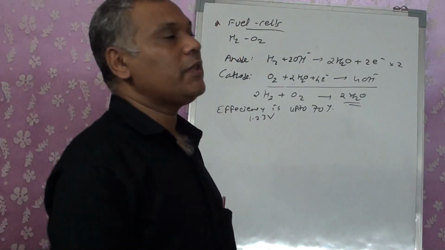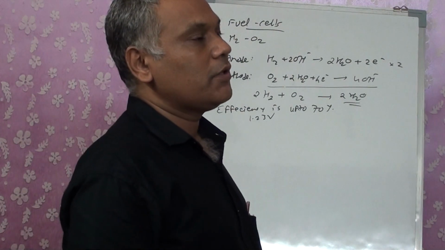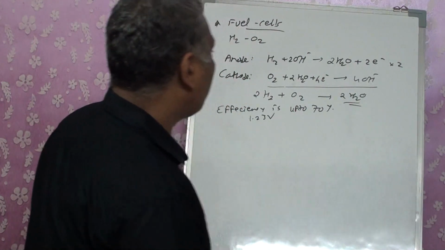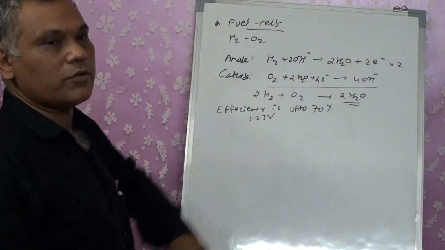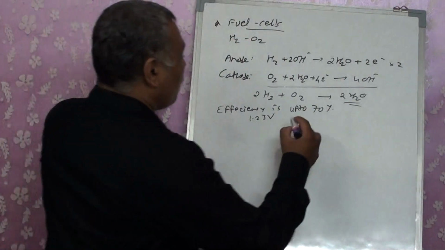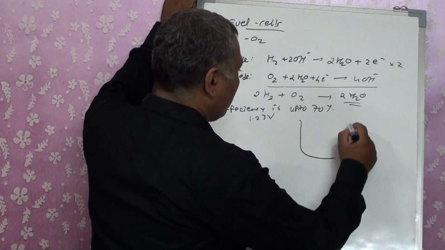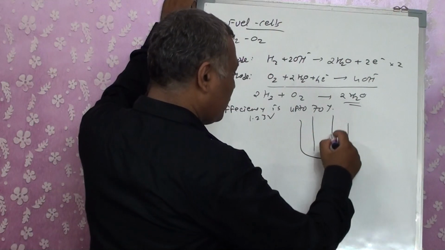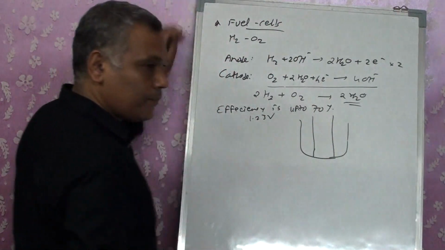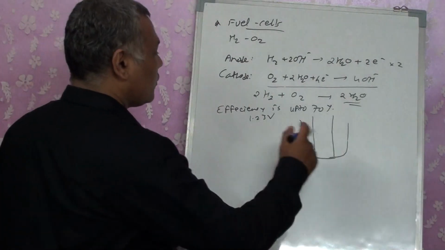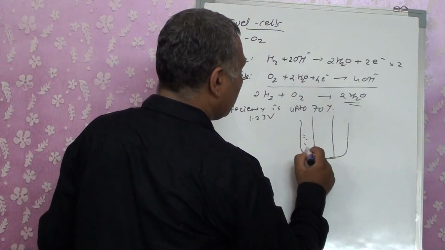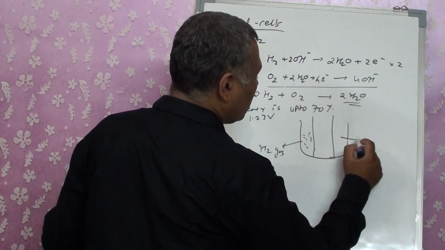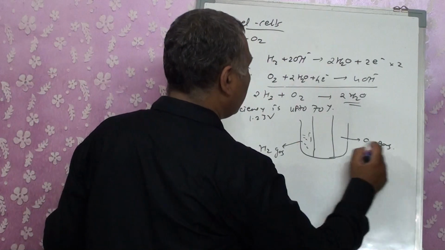Now, in the reaction I wrote OH minus. The question arises, how do we get that, when we are using only hydrogen and oxygen? The cell is divided into 3 chambers. In one of them, H2 gas is filled. In another, O2 gas is filled.